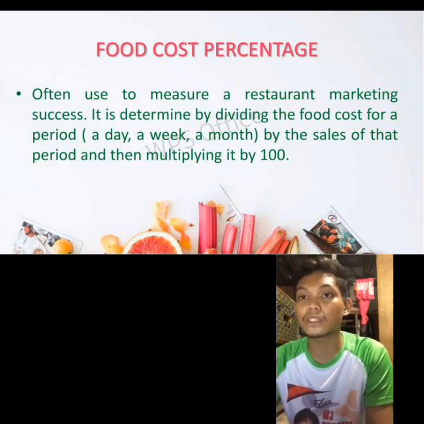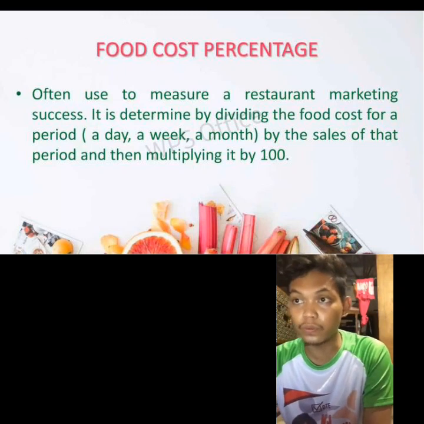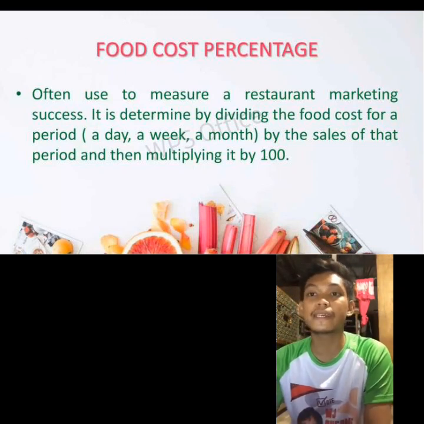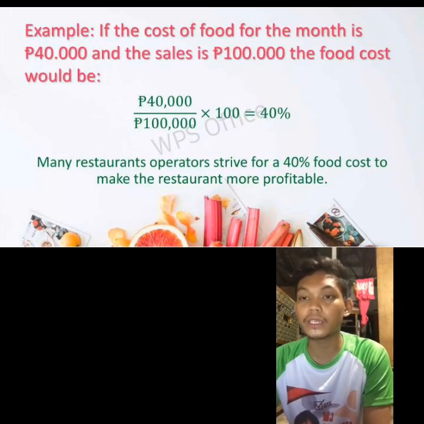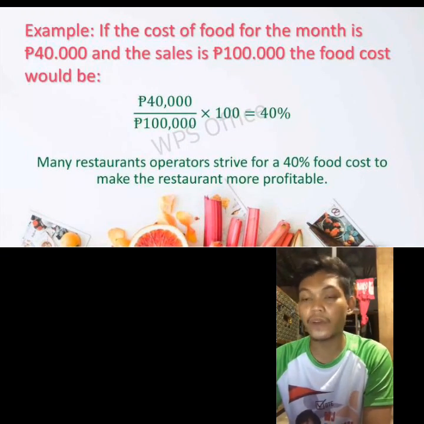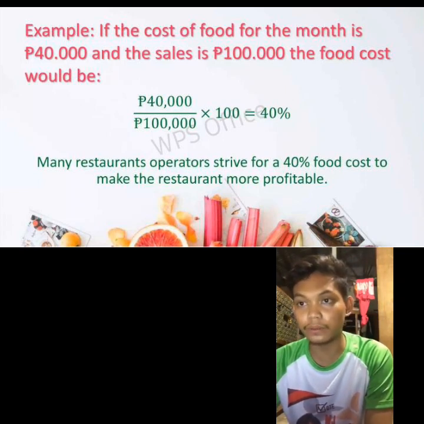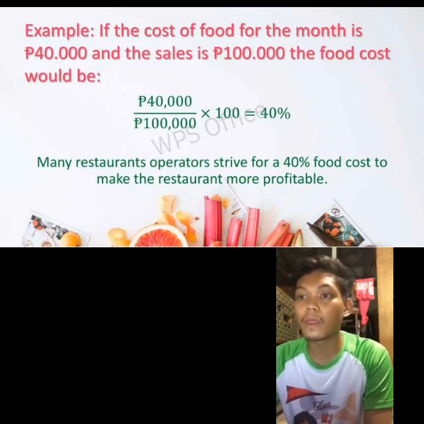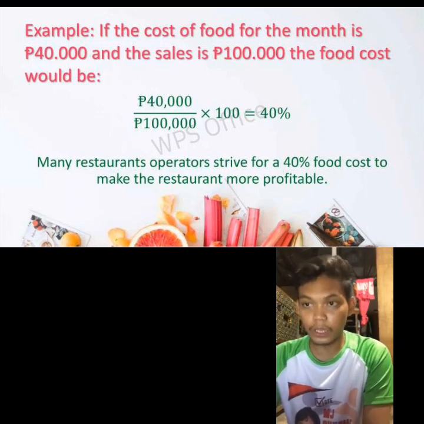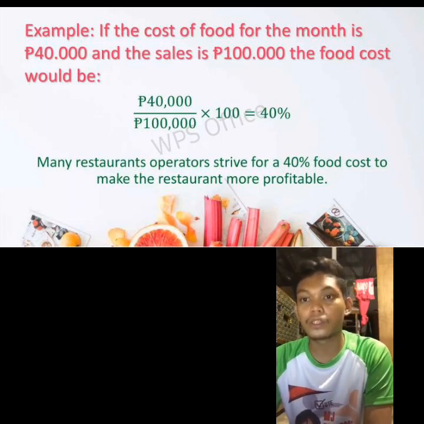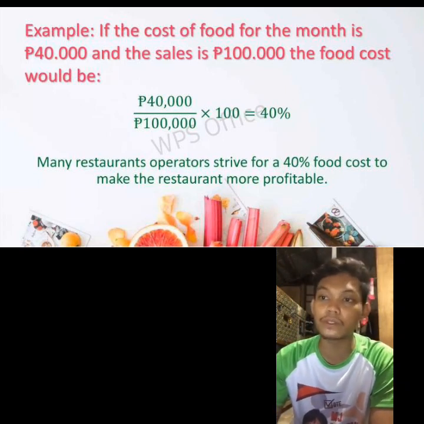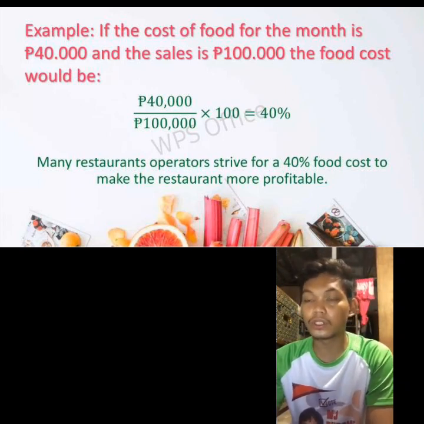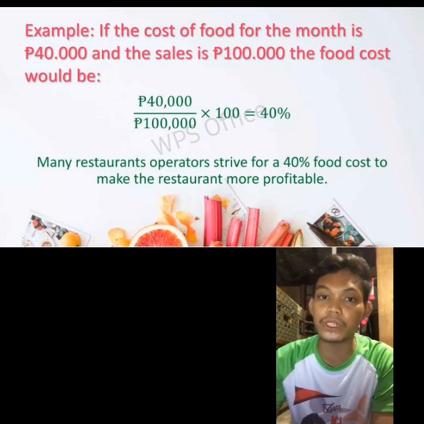For example, if the cost of the food for the month is 40,000 and the sales is 100,000, the food cost would be 40,000 divided by 100,000 times 100. So the food cost is 40%. Many restaurant operators strive for a 40% food cost to make the restaurants more profitable.